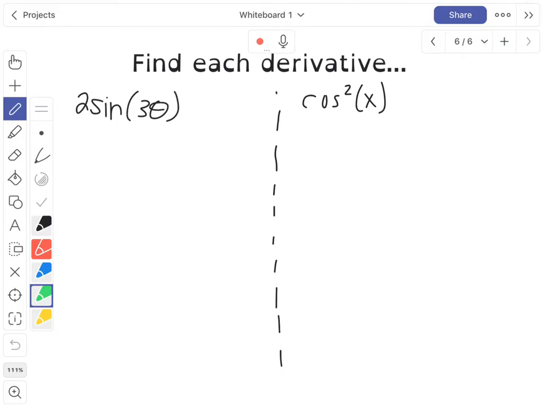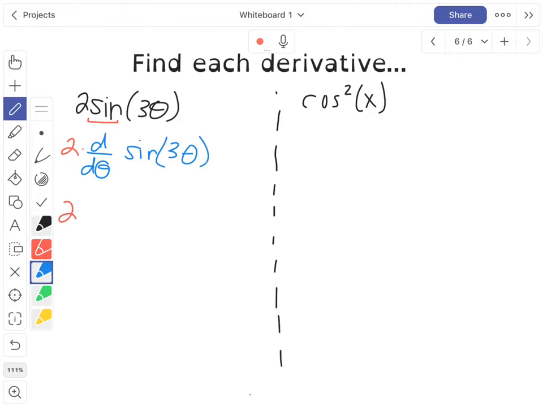We need to find the derivative of 2 sine of 3 theta. First we'll take out that multiplier, so we'll have 2, and then we'll have to take the derivative of sine of 3 theta. We already have that 2 as a multiplier, so this will be a chain rule.